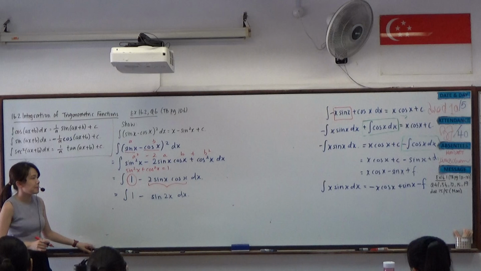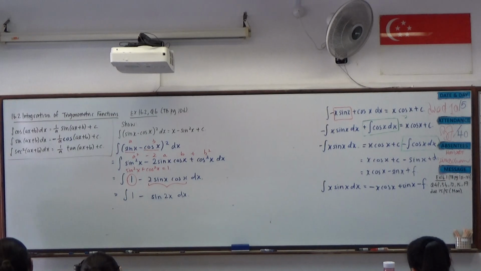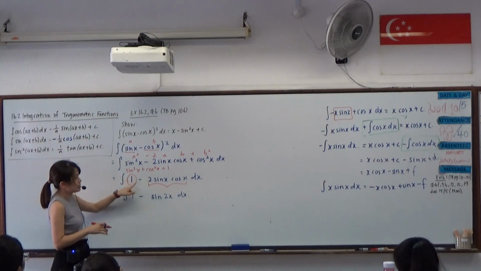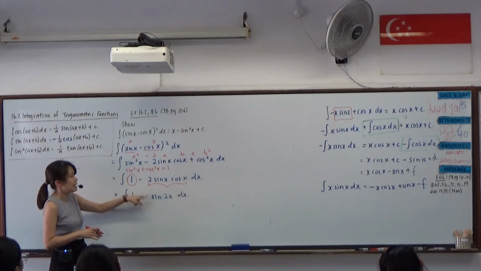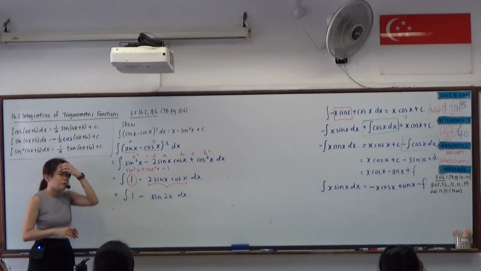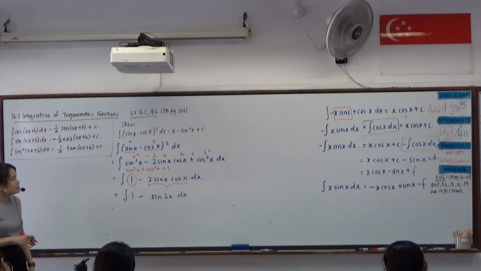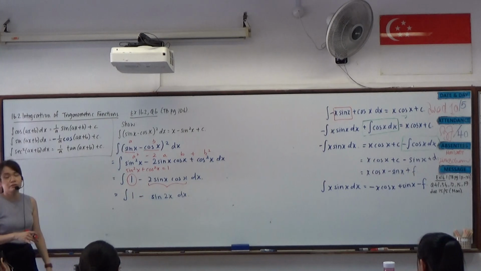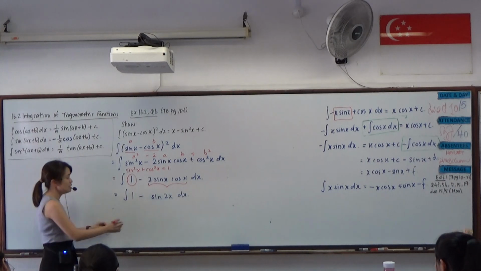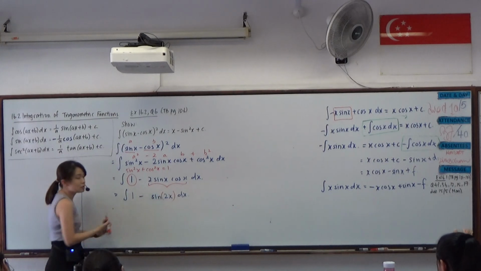So this really explains why I gave you your little notebook of formulas, because we need to practice recognizing these important identities. Now that we have sin 2x, we can integrate already because 2x is the angle.